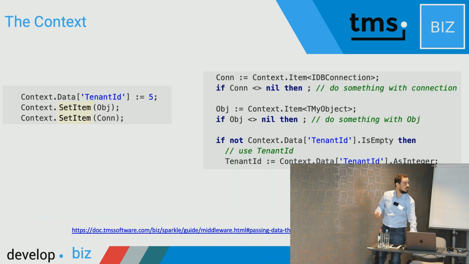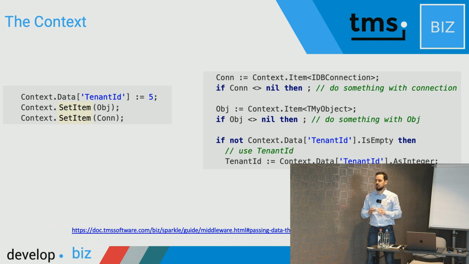And you see another new feature here. It's the context. It's a new concept that we introduced in TMS Sparkle, which is the context of the request, and this is important in the middleware as well. Remember that we are talking about a server, so you can have many clients sending requests at the same time.